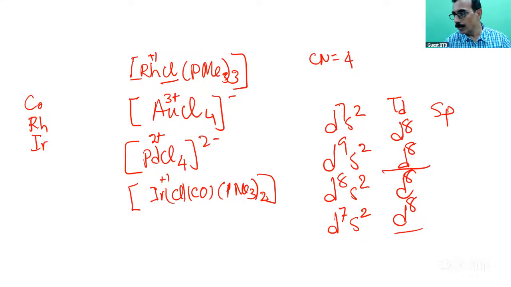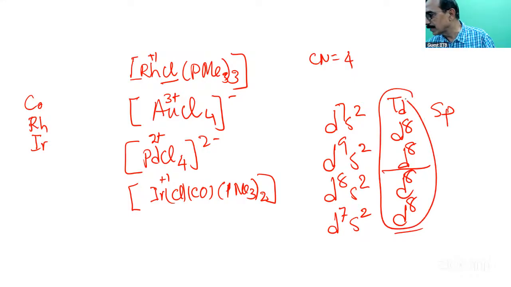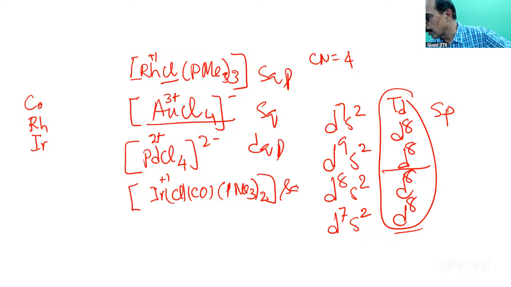So in all these cases, I think that assignment is wrong, I believe. AuCl4 is also square planar, and this also square planar, this also, and this also. So all of them are square planar, not tetrahedral. Au plus is tetrahedral?